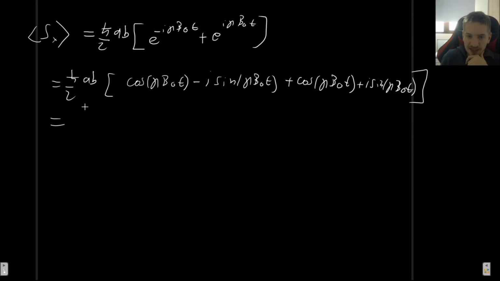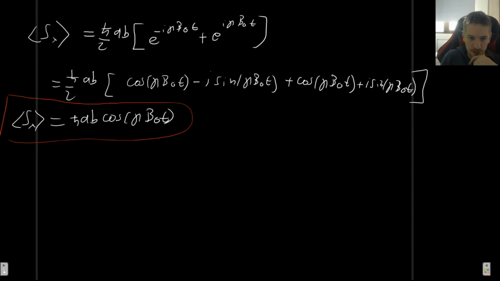So here these signs cancel out and we are left with 2 times the cosine. The 2 will cancel out this one right here. So we get ħab cosine of γB₀t. So this is the expectation value for x. Let me put a red box because we will want to come back to it soon.